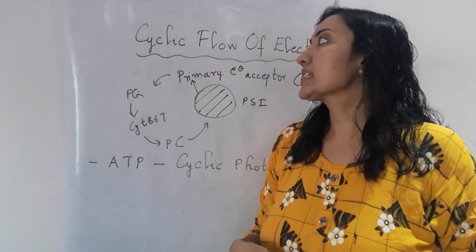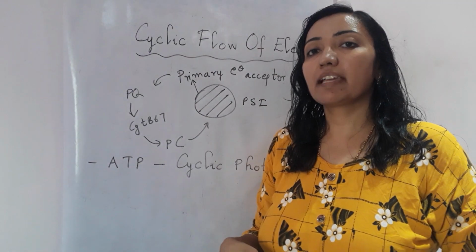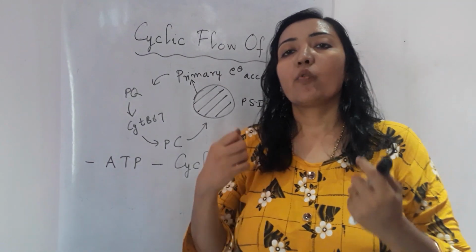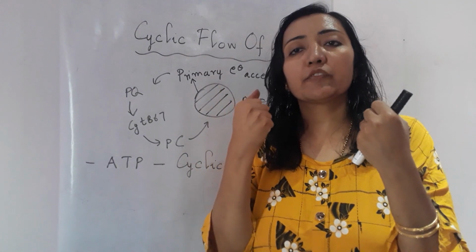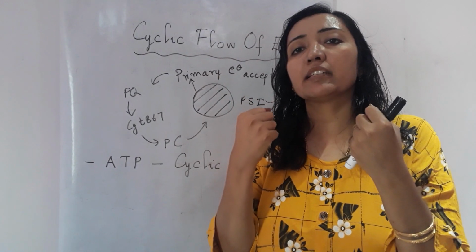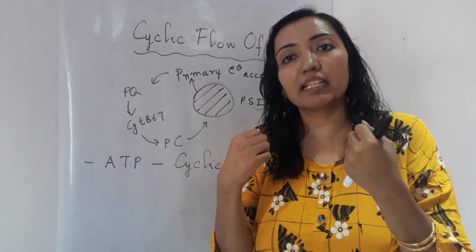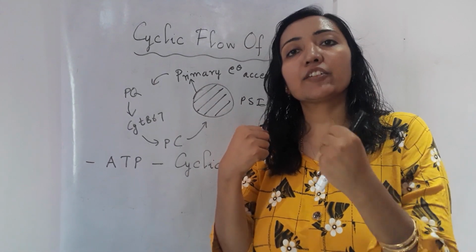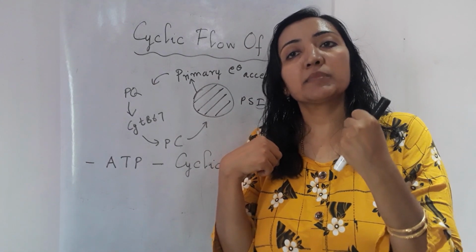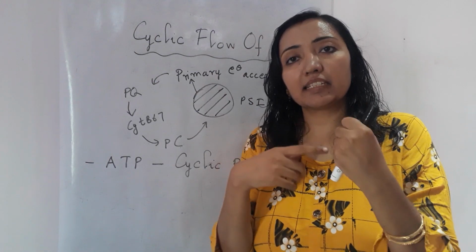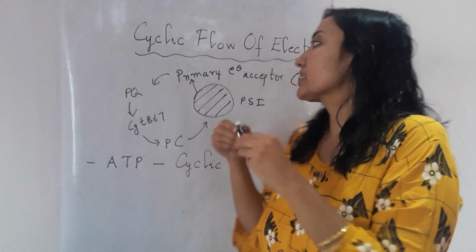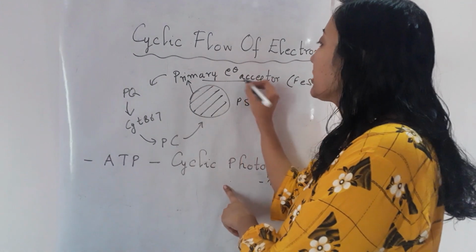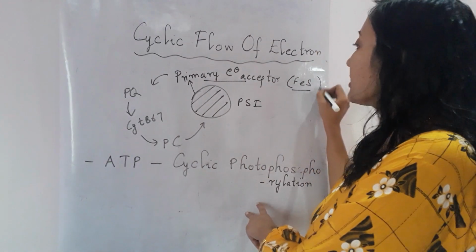So friends, in cyclic photophosphorylation or cyclic flow of electrons, there are two photosystems. When the wavelength of light is more than 680 nanometer, photosystem 2 is non-functional. Photosystem 1 becomes functional and excites an electron. This electron is accepted by the primary electron acceptor, that is FeS, iron sulfide.